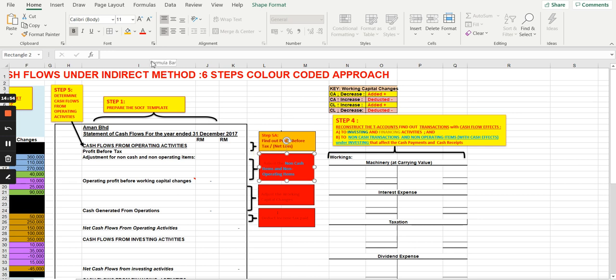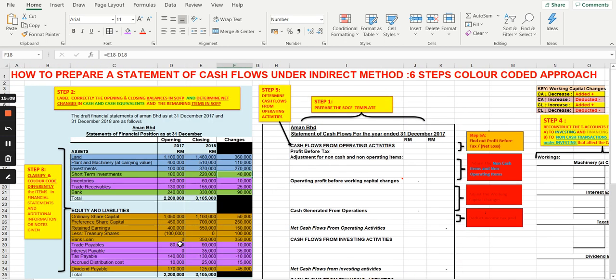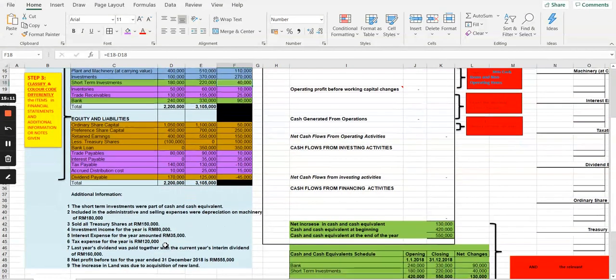Later we'll do the second one, but let us find out the profit before tax first. Sometimes it's not given, but in this question it is given. So let's go and get the figure. The profit before tax is given in this part of the question.